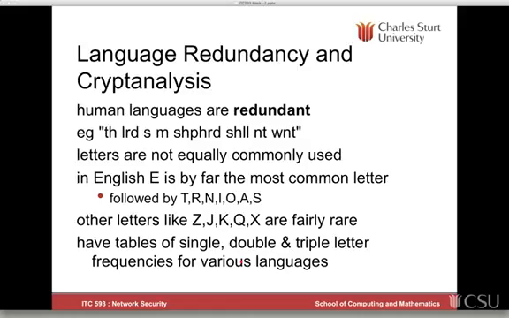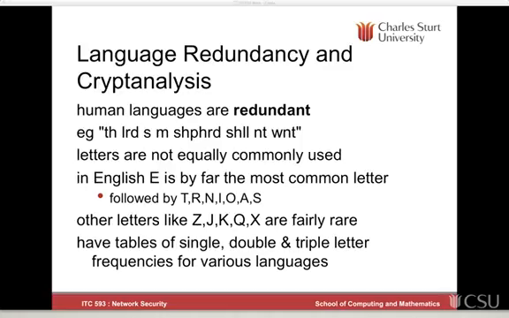Language redundancy and cryptanalysis. As you know, human languages are redundant. As the example shows, we don't actually need all the letters in order to understand written English text.